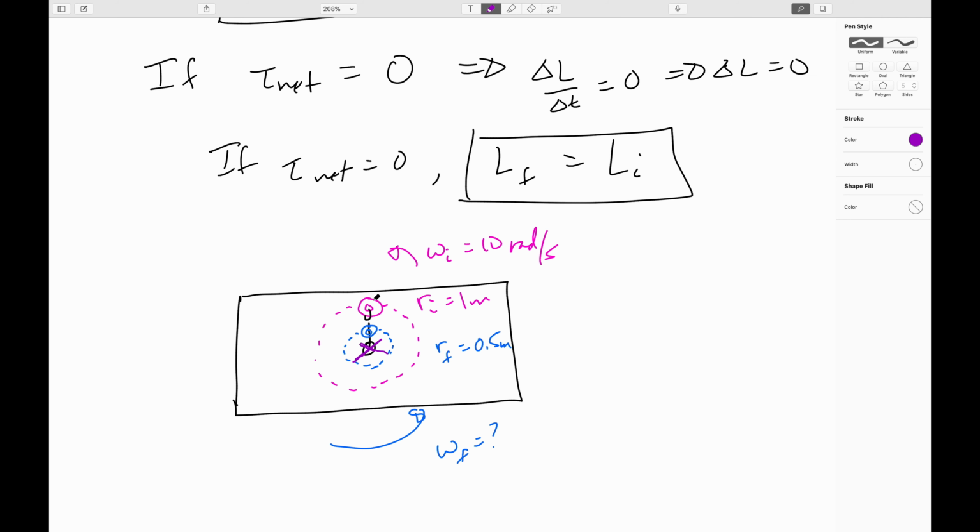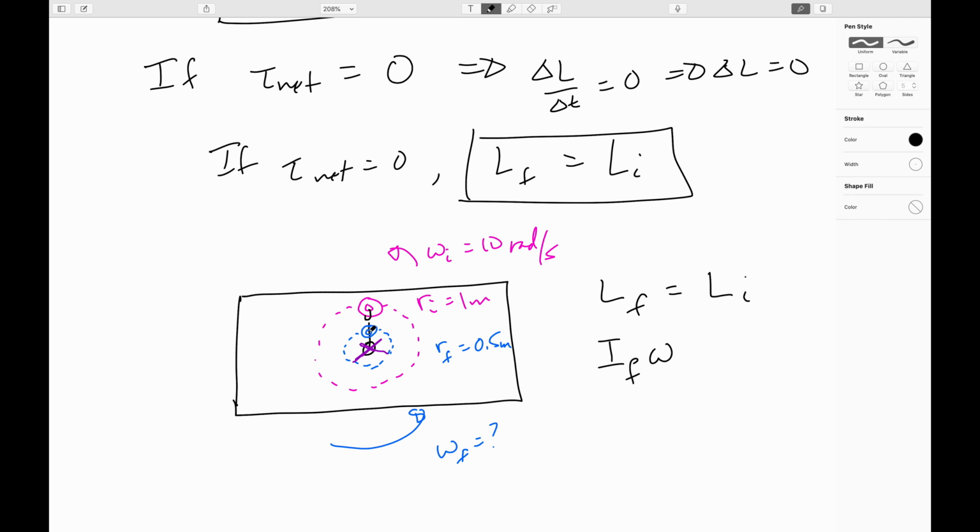Now, the force due to tension in the string will always be directed in a line that goes through that axis, right? So that means this lever arm is 0, and so the torque is 0. Because the torque on this system is 0, we can write that the final angular momentum is equal to the initial angular momentum. So this will be the final moment of inertia times the final angular velocity.